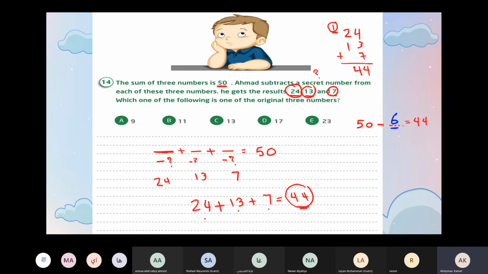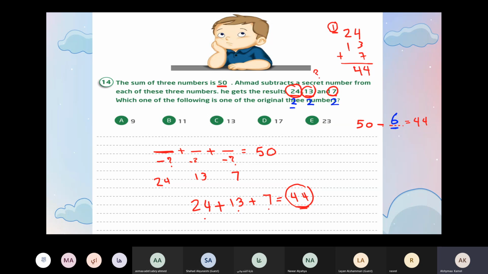This 6, we take it from the three numbers equally. So I took 2 from the first number, 2 from the second number, and 2 from the third number. Because it's 6, I divided by 3 because I have only three numbers. So 6 divided by 3 equals 2.